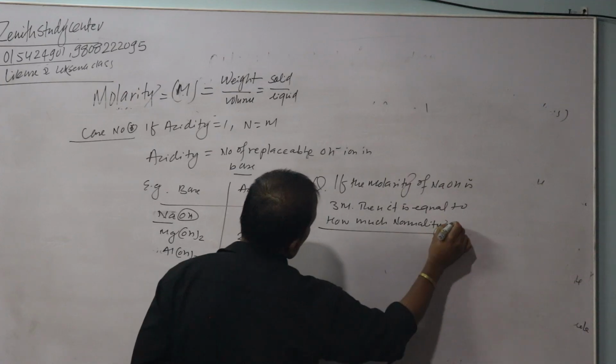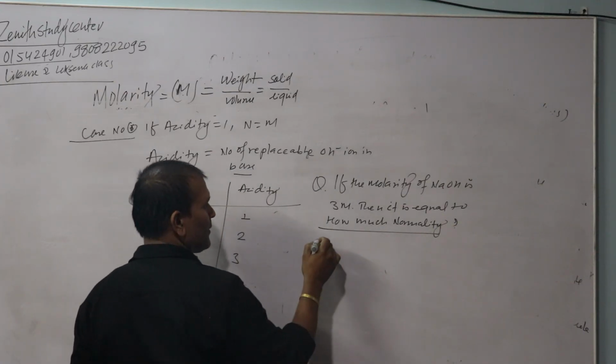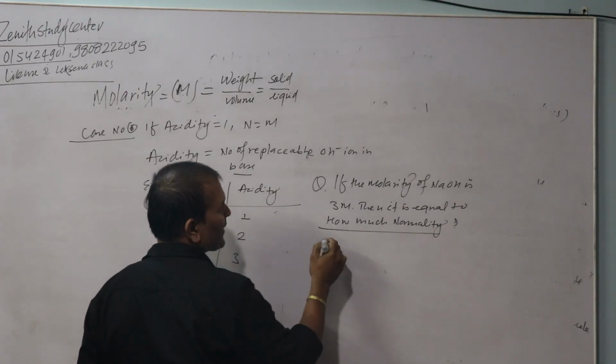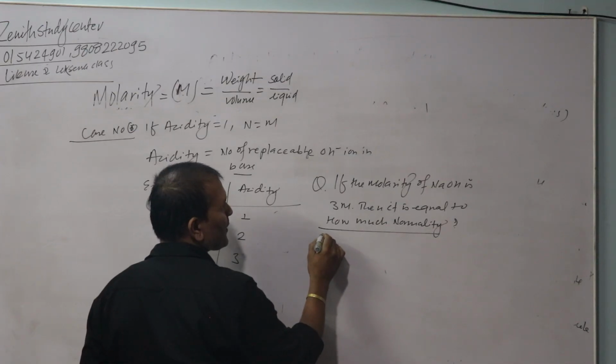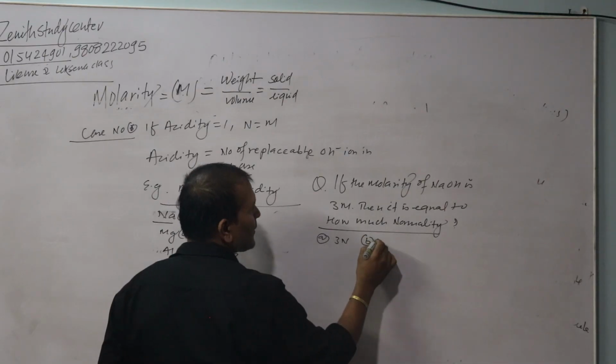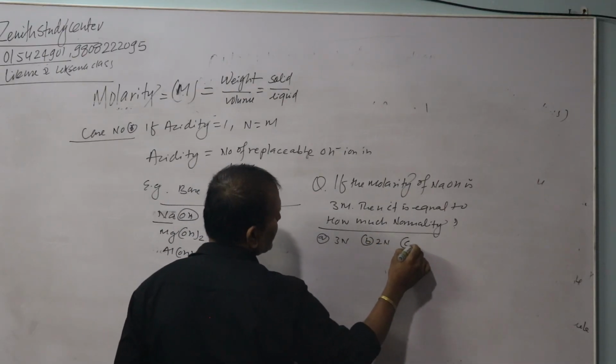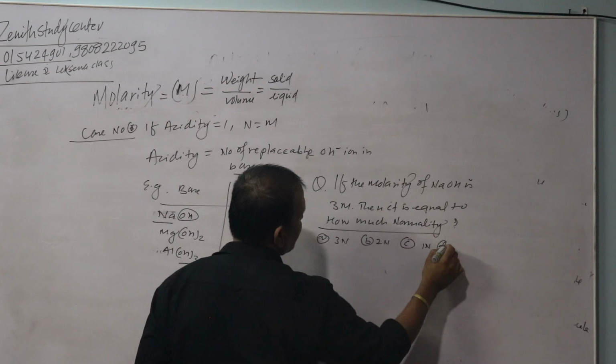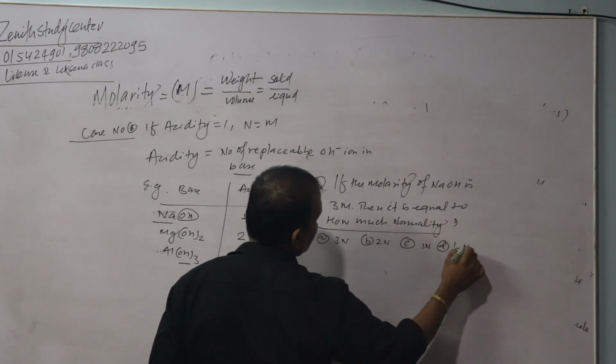So we deal here. Option A, 3 normal, B, 2 normal, C, 1 normal, D, 1 by 2 normal.